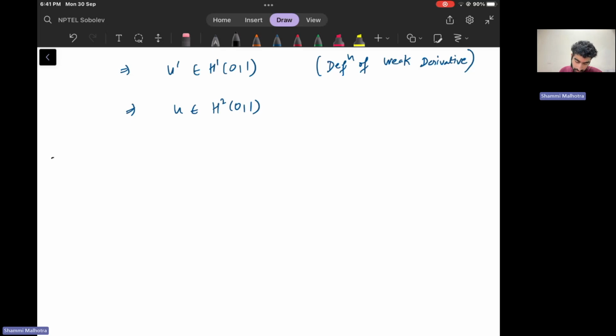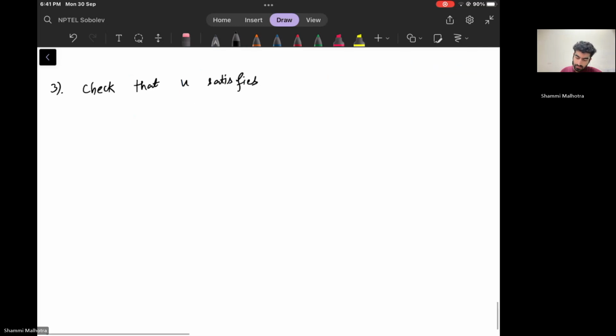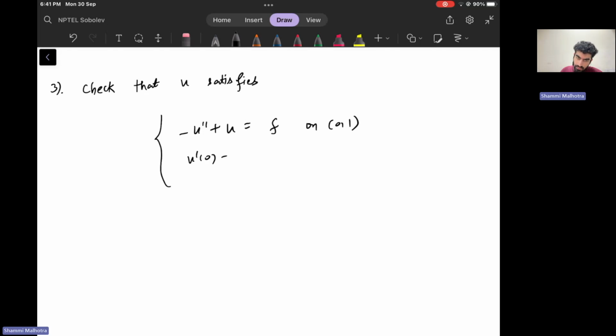So next, part 3, check that u satisfies this system: minus u double dash plus u equal to f on (0,1), and u dash 0 is nothing but u0 minus u1, and u dash 1 is nothing but u0 minus again u1. So same thing.